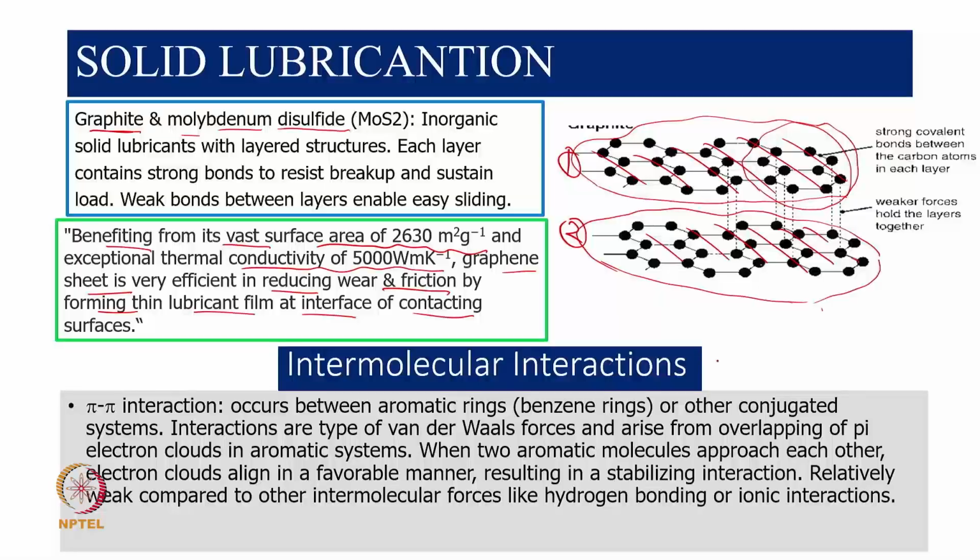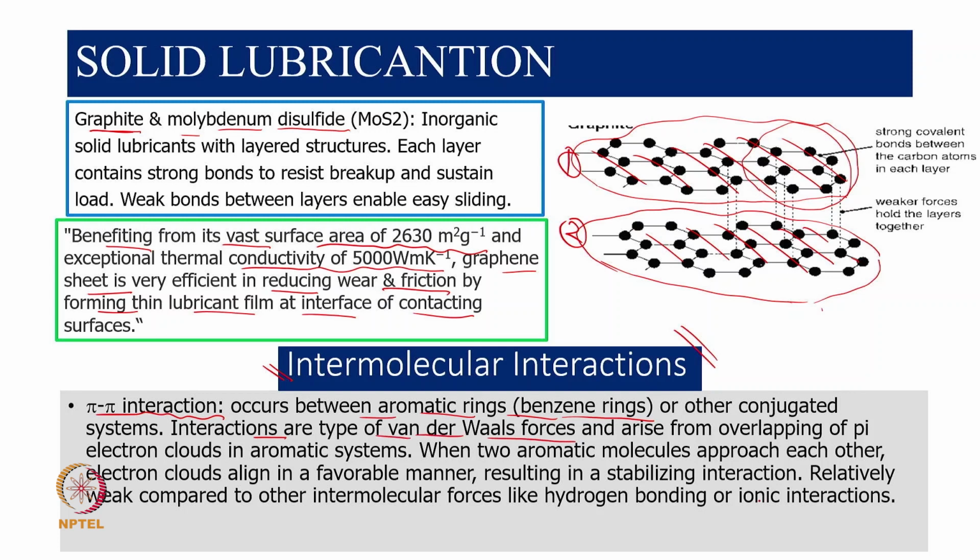Whether MoS2 or graphite or graphene, they have an intermolecular bond, that's the pi interaction. We have already shown the benzene ring configuration, and the interactions between the two layers are basically van der Waals forces.